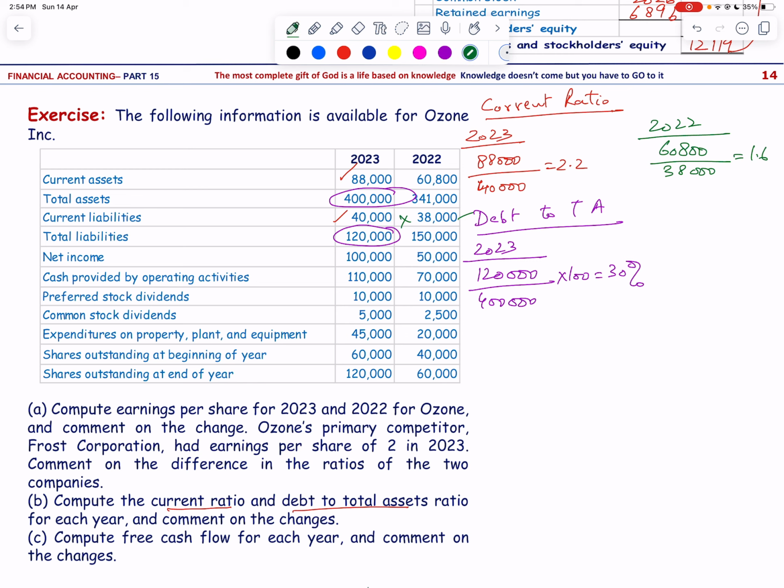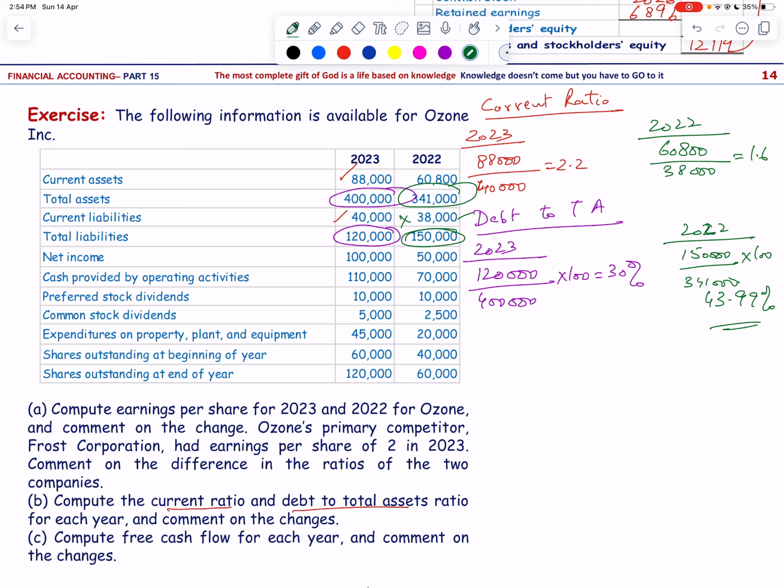For 2022, we have the total debt as 150,000 divided by the total assets 341,000 into 100. So that will give us almost 44%.